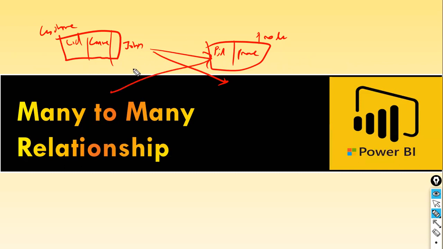The same product bought by more than one customer. This is many-to-many relationship. Supposing you wanted to know how many products were sold to each customer, and how many customers purchased each product.